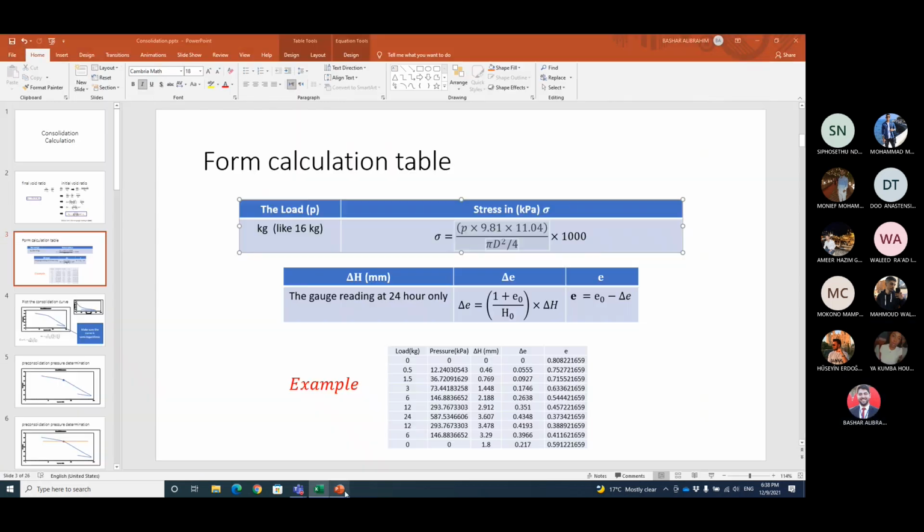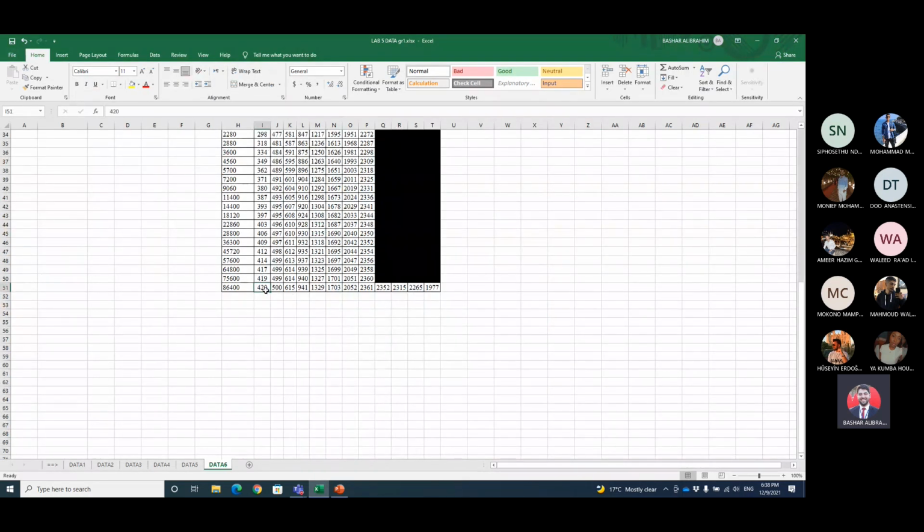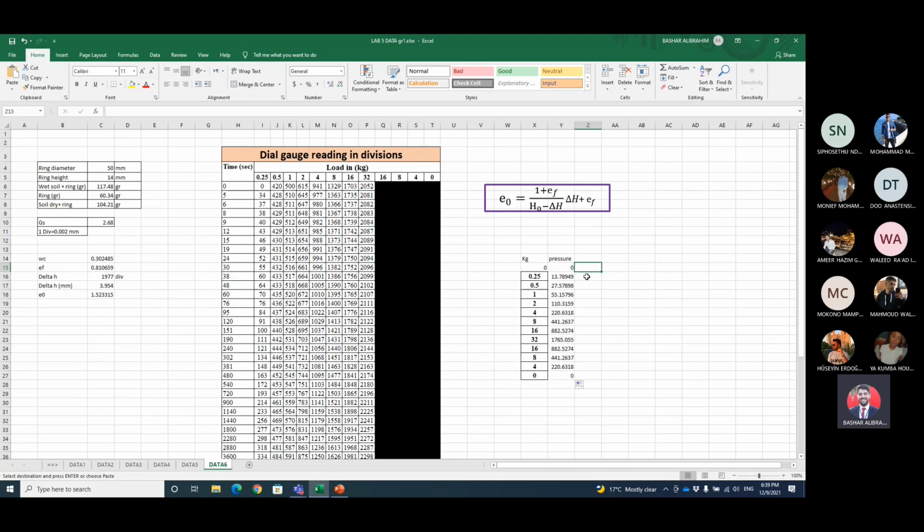Now I need to find change in height in millimeters. So first I will get the change in height in division. So I will go to the last row, copy the cells, paste them here. So first dial at 0, it is 0. So this is delta H in division. Okay.